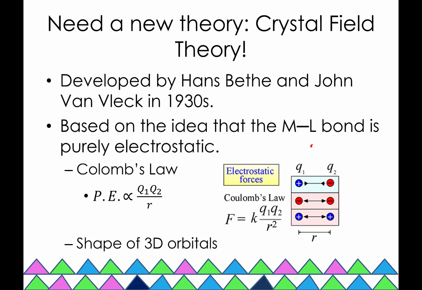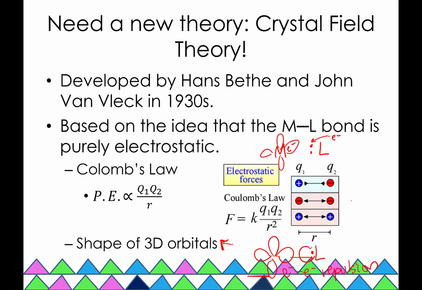So we know that we have electrons on our ligand, and we know that there are electrons on the metal that exist specifically in these d orbitals. So we need to understand the shape of our 3D orbitals, because our d orbitals that are pointing directly at our ligands are going to have some electron-electron repulsion.